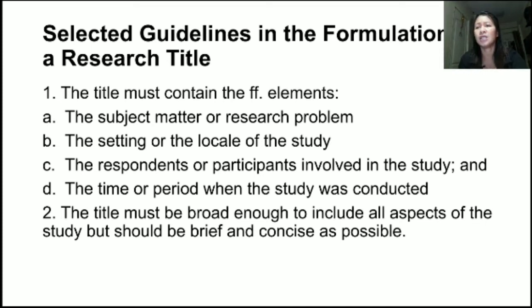But you will notice it is quite long. It has how many? 1, 2, 3. We have more than 20, if I'm not mistaken. Again, that's factors affecting the academic performance of senior high school students of Malinta National High School in school year 2020-2021.